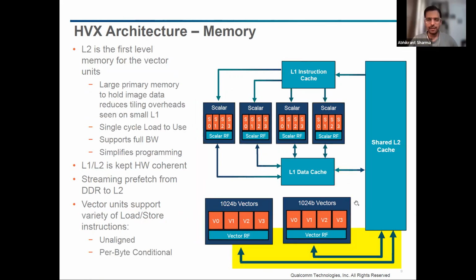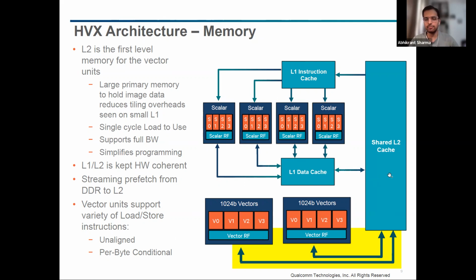So in the previous slide, I mentioned that these four scalar hardware threads have L1 and L2 data cache connected to them. Now the size of these caches is relatively small, so they are not very useful for bigger applications like imaging applications.